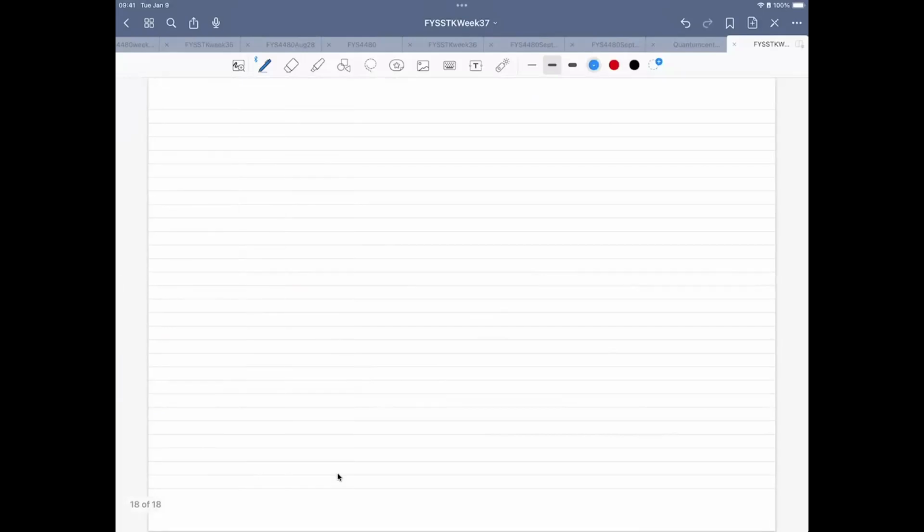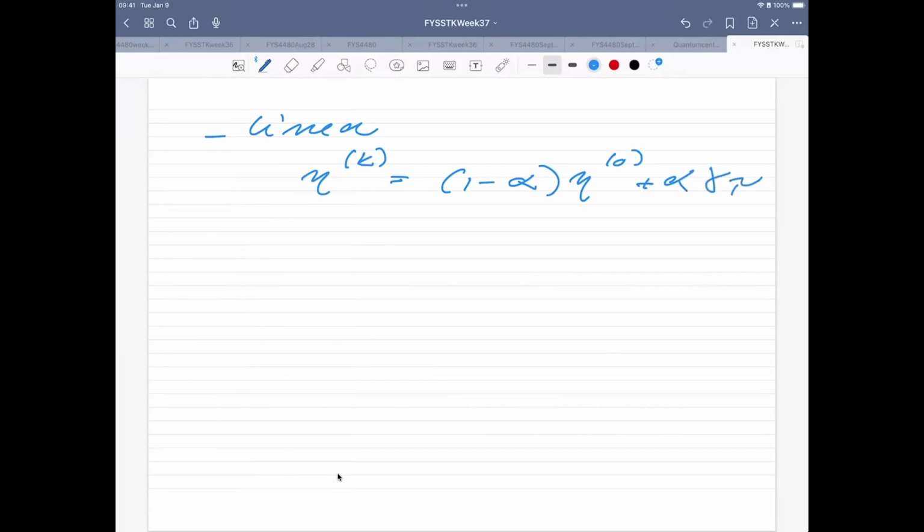One of these is one of the methods which we have put in the slides, linear. Here you would have an eta of k, which is given by 1 minus some constant alpha, which is a parameter, plus alpha times some parameter, again gamma of tau.